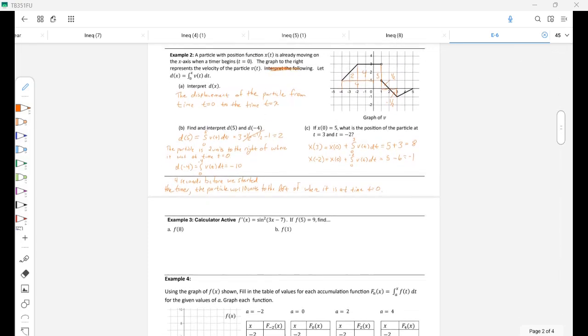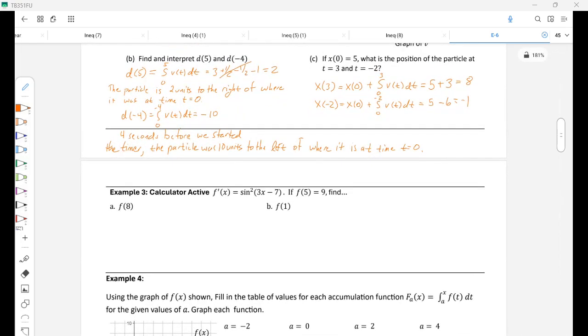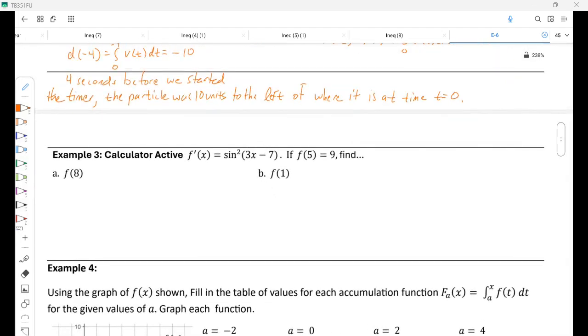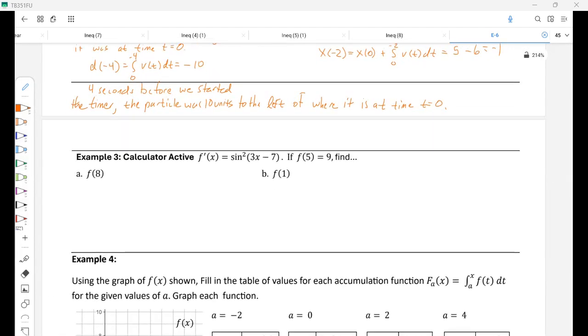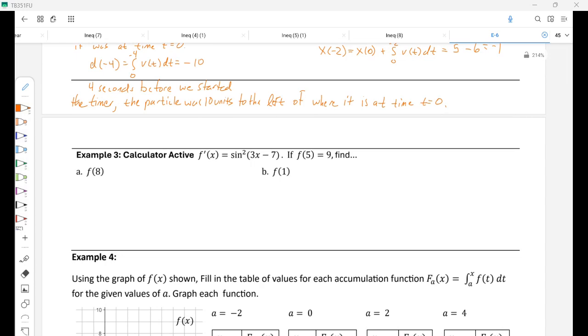All right. So last but not least, some calculator active problems. No, but not last but not least. We're going to switch over to something different on example 4.